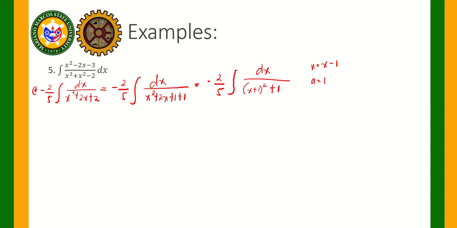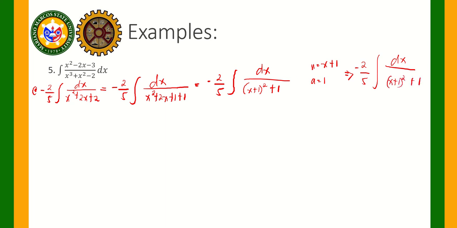Now, since our u is equal to x minus 1, let's rewrite this first. This will be equal to negative 2 over 5, the integral of dx all over x plus 1 squared plus 1.